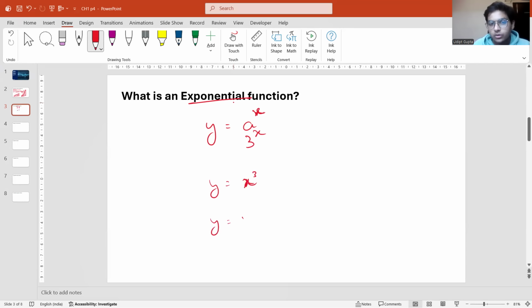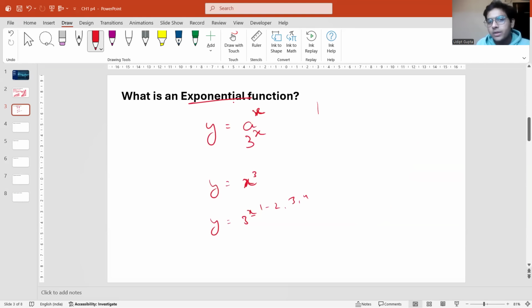It's y is equal to 3 raised to power x. So every time this variable increases 1, 2, 3, 4, the number multiplies by 3. It became a straight line here, but it's meant to be a very steep curve because it's just going up like this. That's an exponential function.